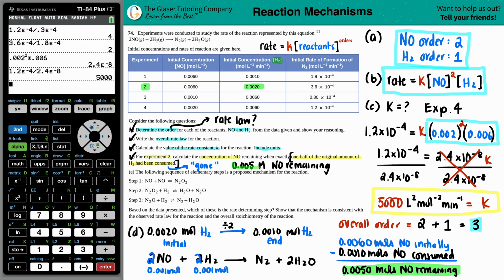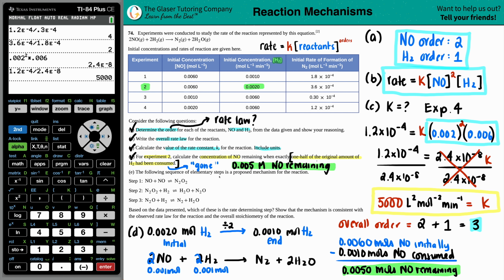So we did the math for moles because generally when you are doing stoichiometry, you should always do it in just moles. Get that value, and then if there was a different liter, you would have had to have divided it, but since we assumed that it was 1 liter, 0.005 divided by 1 is the same as molarity. So there you go. And now for letter E.